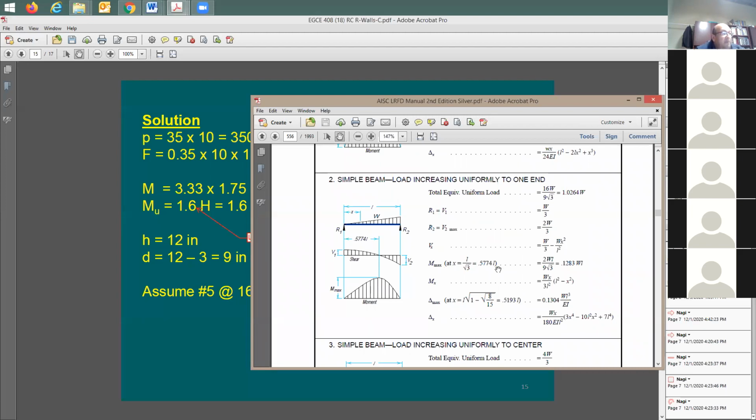So the maximum moment for this pressure, and how much is this pressure? What is the symbol used here for the pressure? It's called W, correct? Okay, so W is the same as that P. Hold on. Do you have here any definition for the term W? Look at this: total equivalent uniform load.